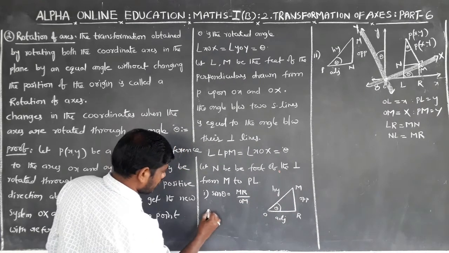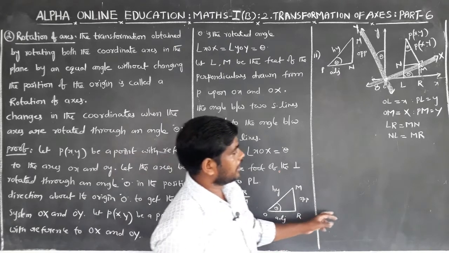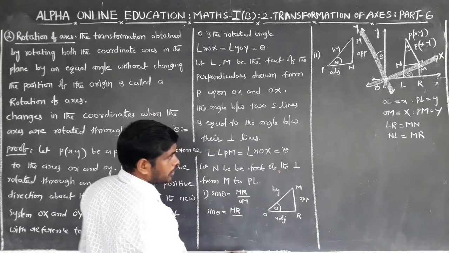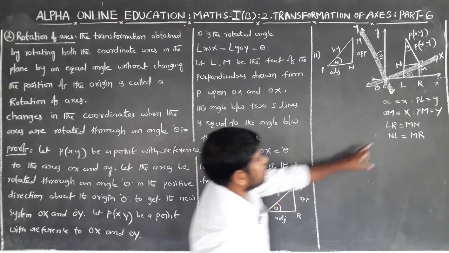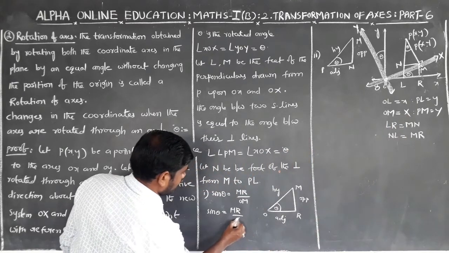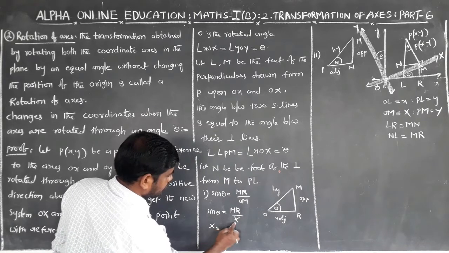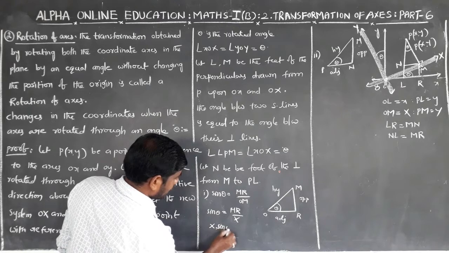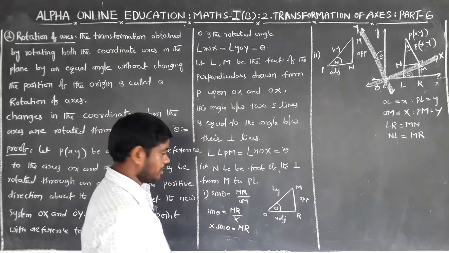So sin theta is equal to MR by OM. OM is equal to capital X. Therefore, capital X sin theta is equal to MR.